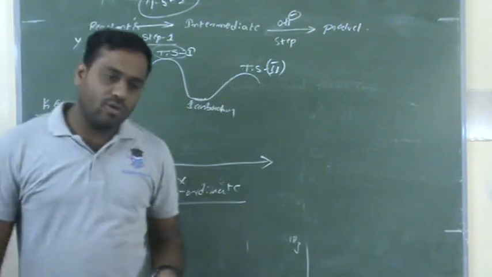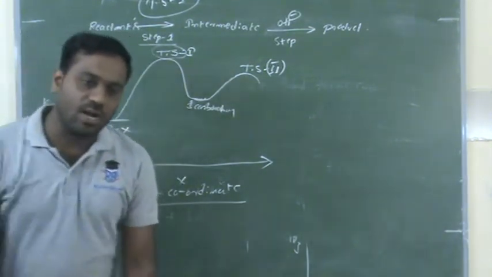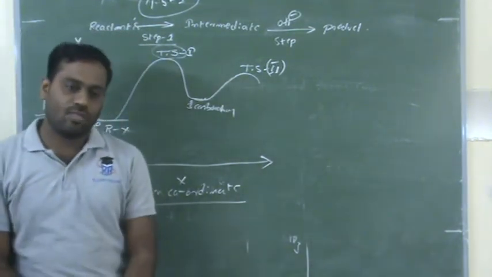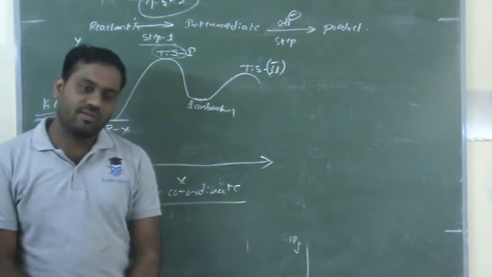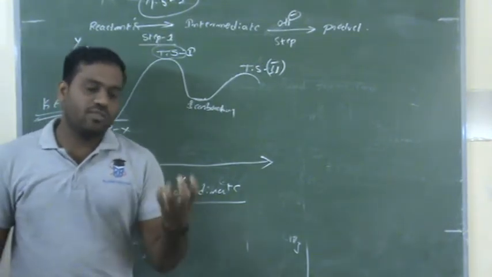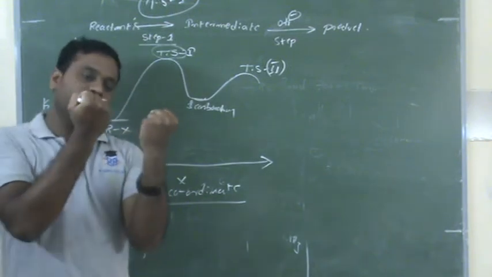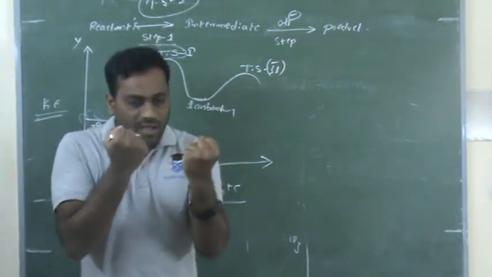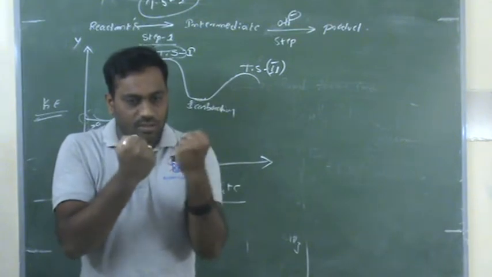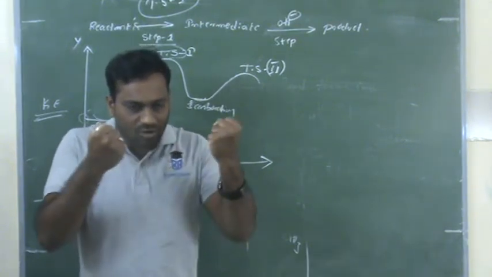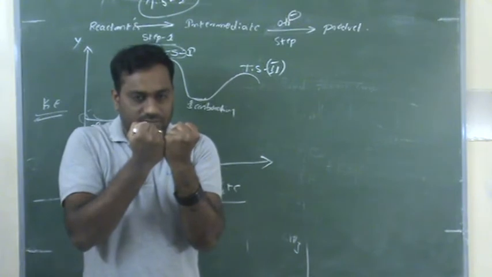You may get confused about what the transition state is. Suppose there is one reactant molecule here, another reactant molecule here. According to the collision theory, these two reactant molecules collide with each other.